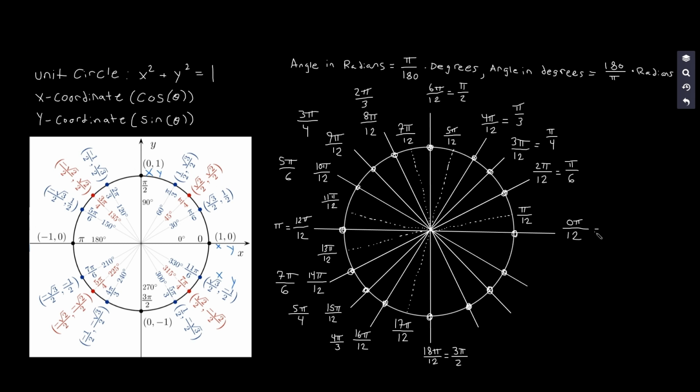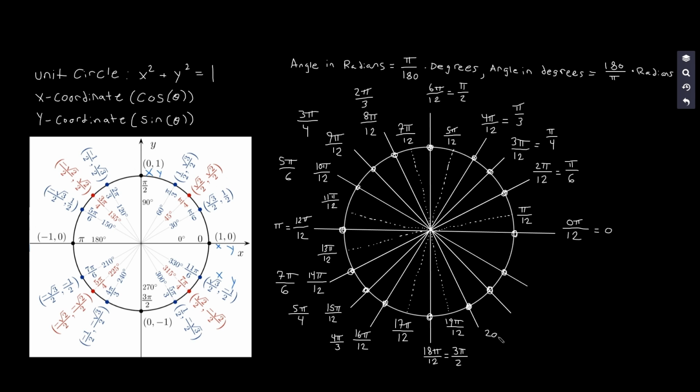And for the sake of consistency, 0 pi over 12 is 0. 18 pi over 12, well, if we draw in our missing line between these two, this is going to be 19 pi over 12. Then we can make the jump.